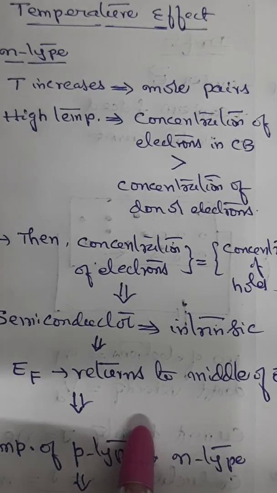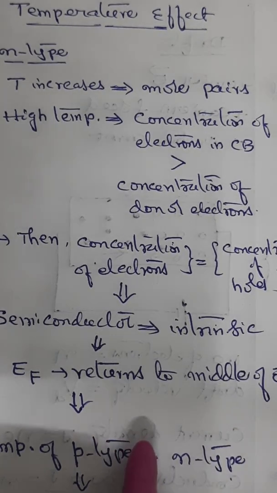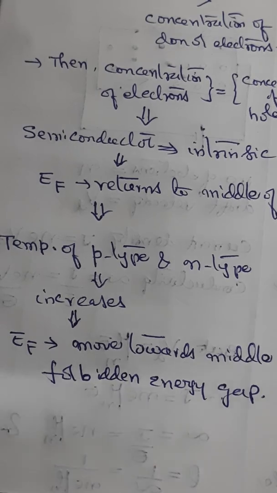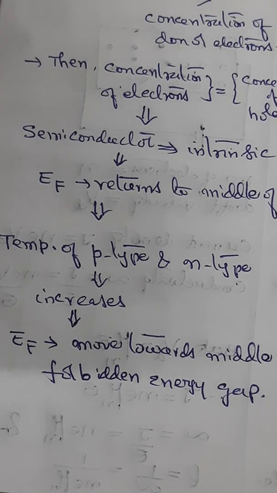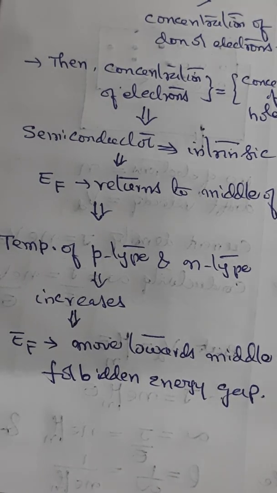We can say that as the temperature of p-type and n-type semiconductor increases, the Fermi energy level progressively moves towards the middle of the forbidden gap. That means there is a variation in the position of the Fermi level.